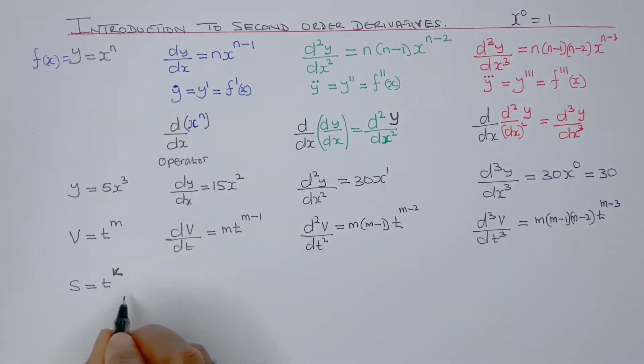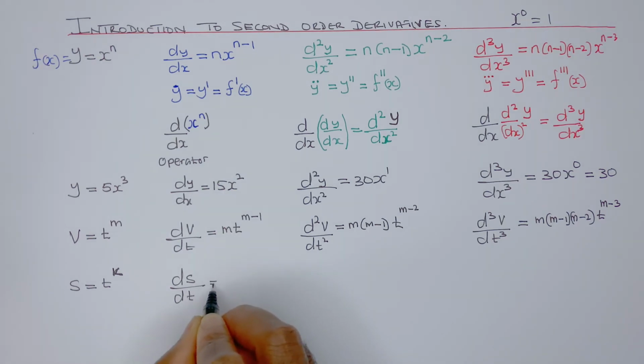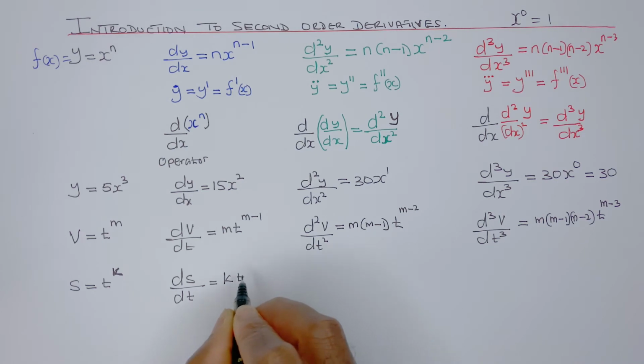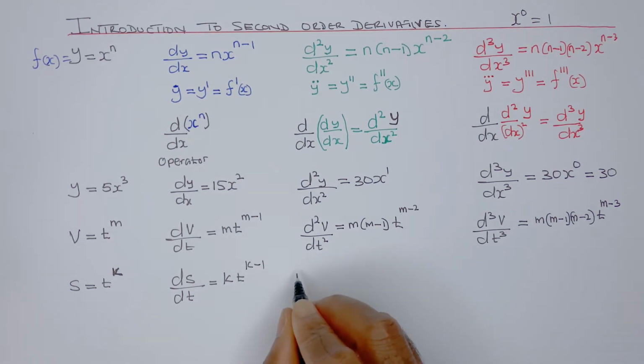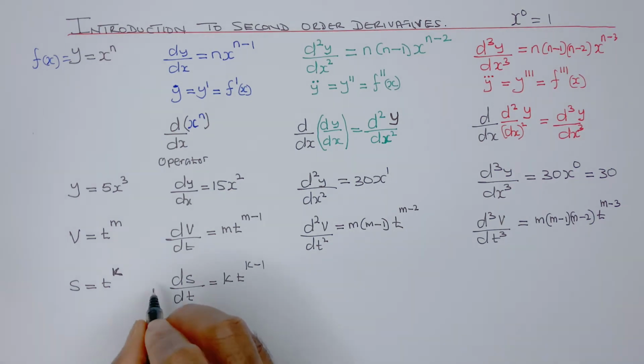To find the velocity, the change in displacement over change in time, in this case that will be k t to the power k minus 1. So this is velocity in this case.